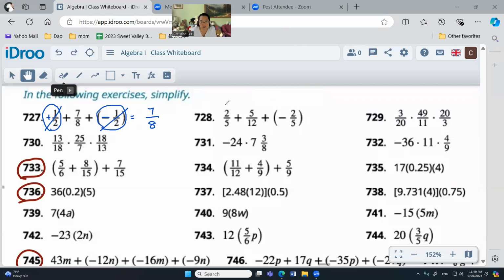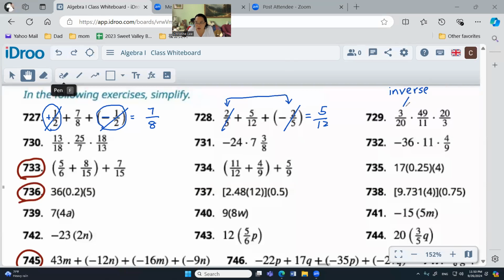All right, so this one, if they add together, they become 0. So it's 5 over 12. All right, do we see? Here, this is opposite. And opposite is called inverse.